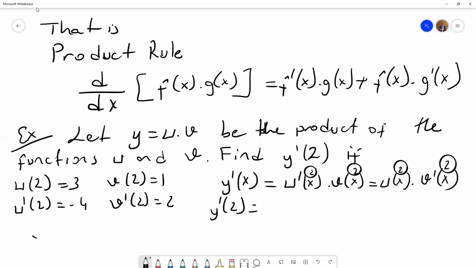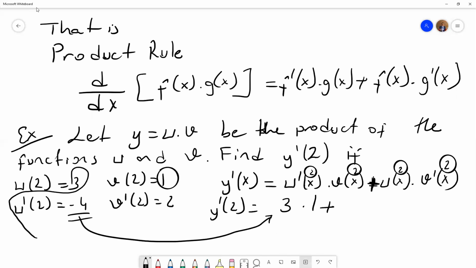And u prime 2, from here we know that it is -4, and v(2) is 1, and here is plus, by the way, plus u(2) is 3, and finally v prime 2 is equal to 2. So -4 plus 6, and the result is 2. Yeah, this is the answer.